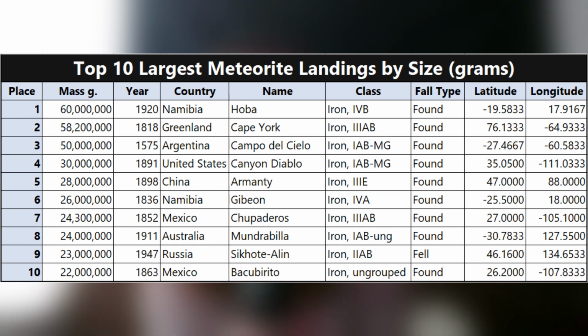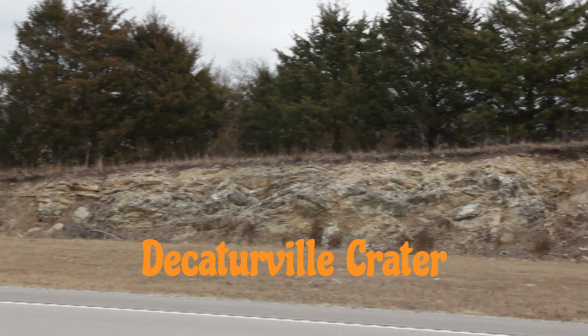It's interesting to note that of all of the fall types, most of them happen to be found, 90% of them in the top 10. There's only one that was a fallen fall type, and that was in Russia in 1947. So very interesting. All right.